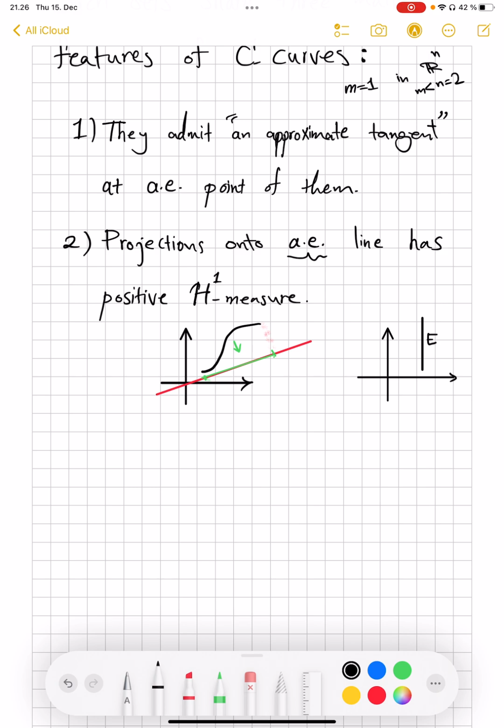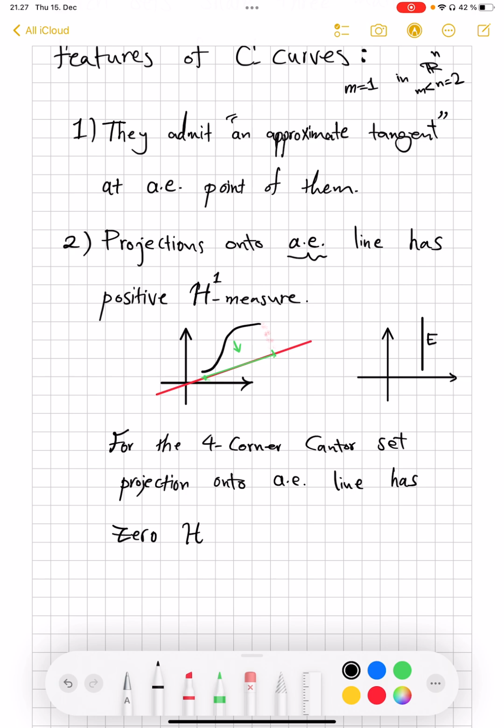We saw this before. Actually, we gave a proof that for the four-corner Cantor set, projection onto almost every line has 0 H1 measure.